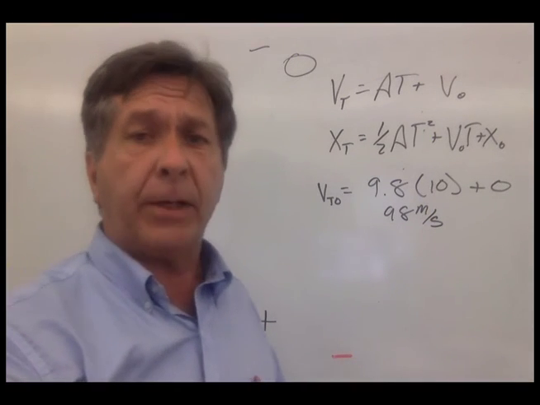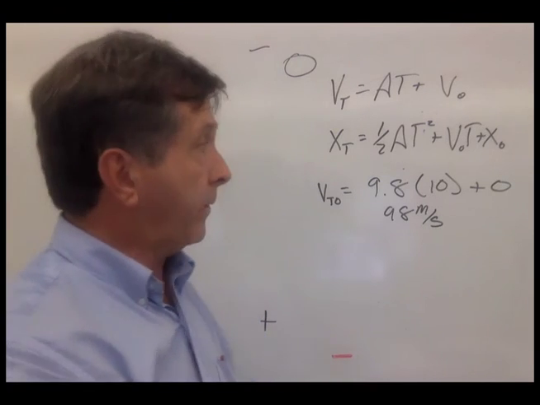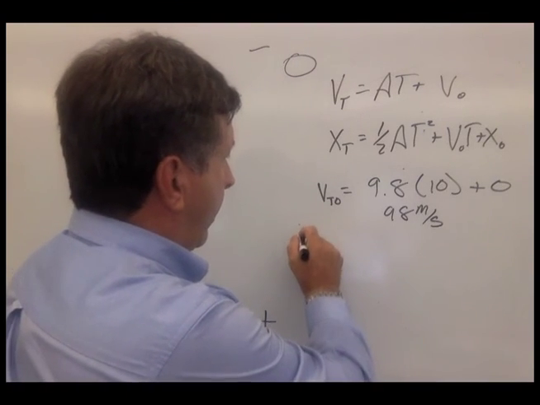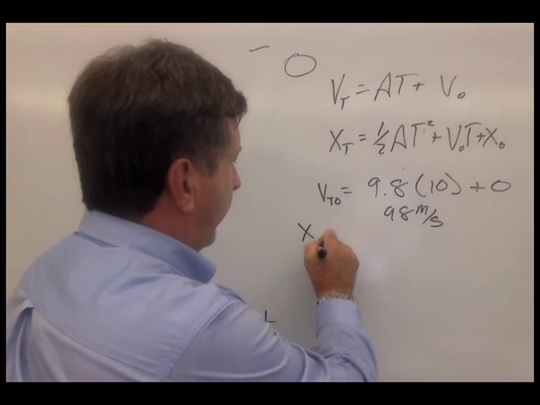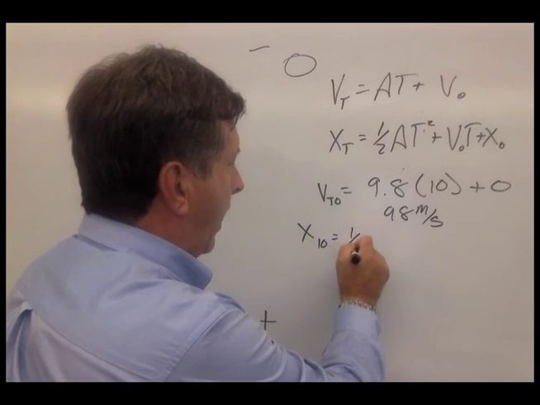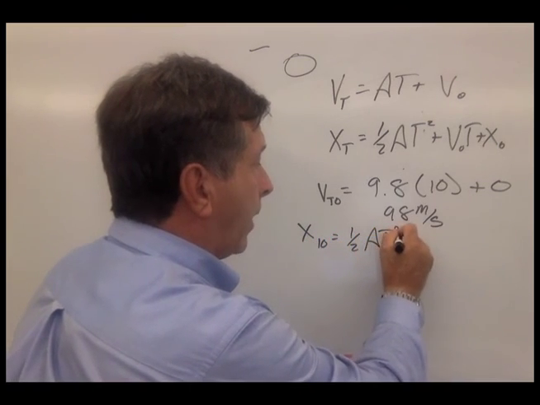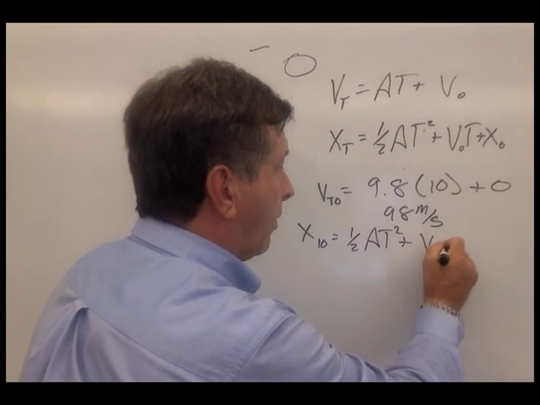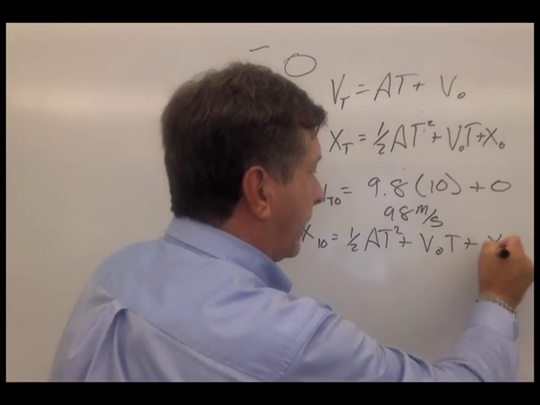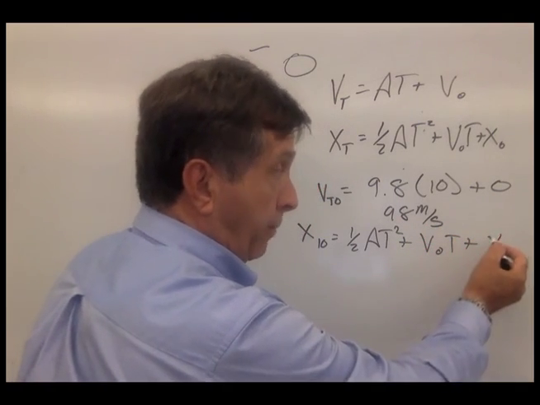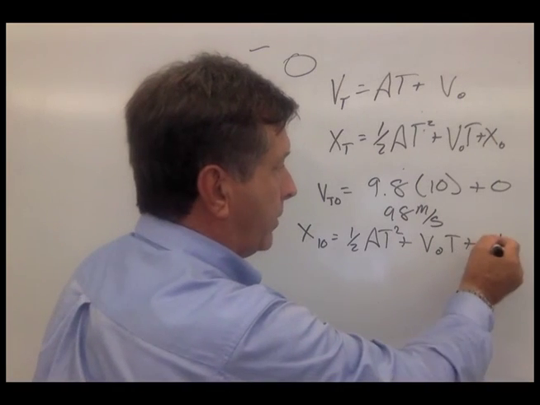His position in 10 seconds would be x at 10 equals 1/2 a t squared plus v0 t plus x0. We're going to say the plane is where he starts, so that goes to 0.